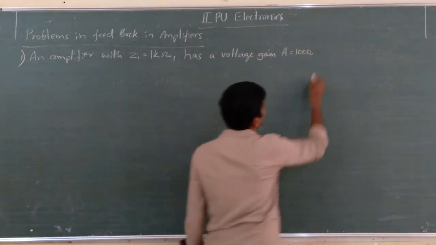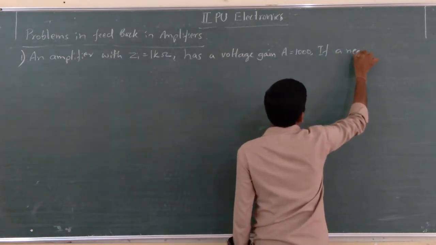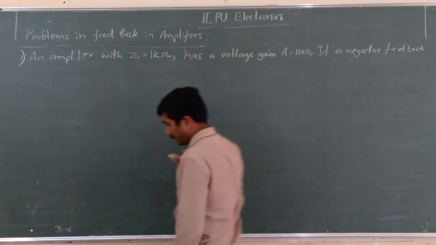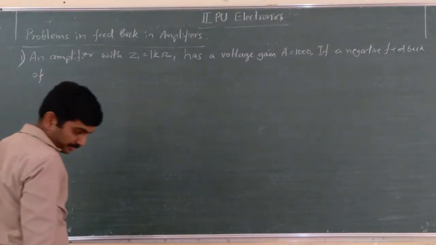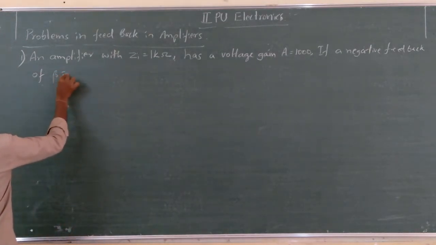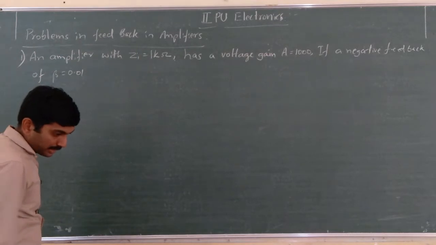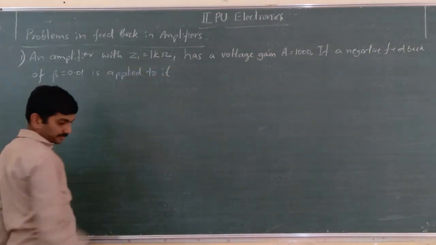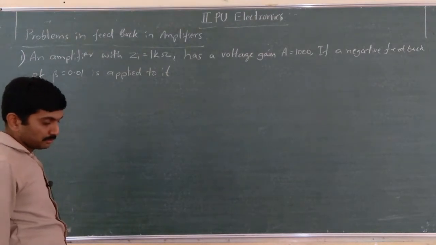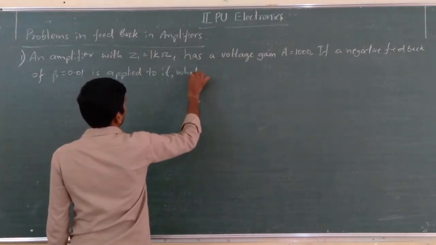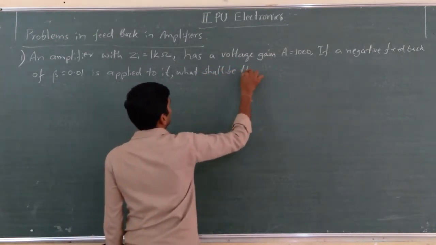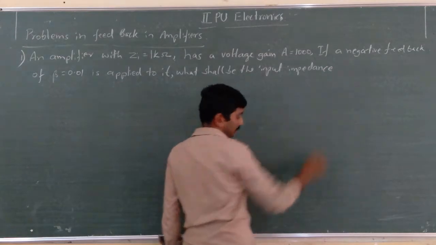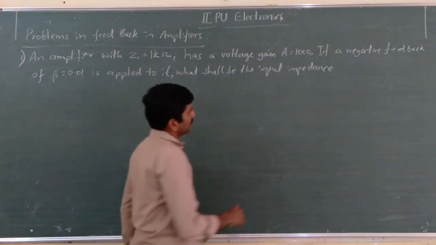If a negative feedback of beta equal to 0.01 is applied to it, what shall be the input impedance of the feedback amplifier?